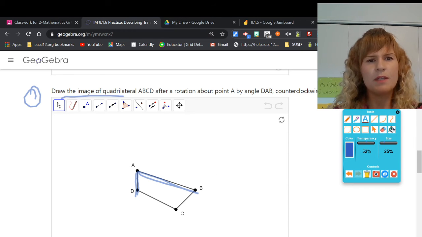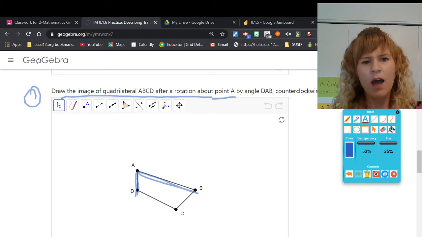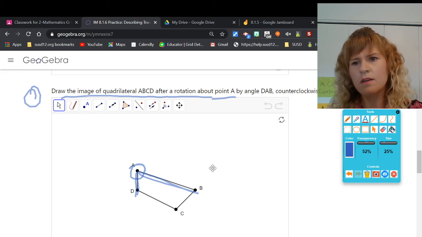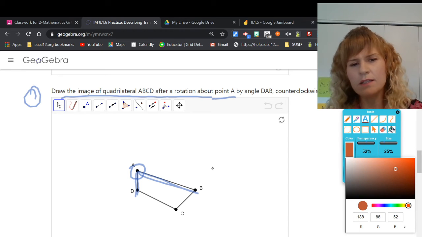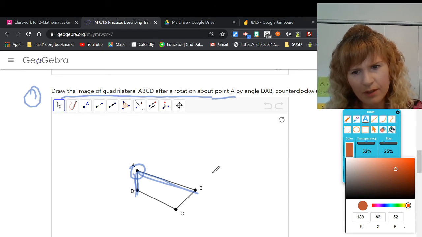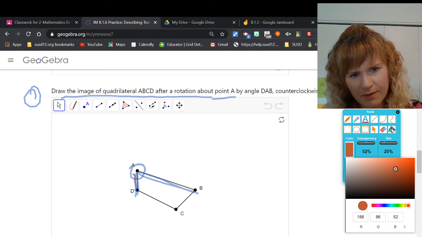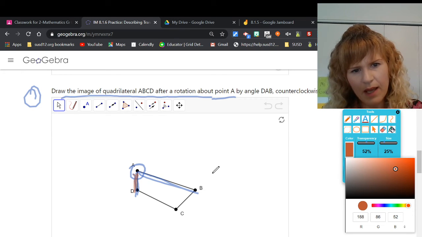Draw the image of quadrilateral ABCD after a rotation about point A, so I'm going to circle A, by angle DAB. Okay, if I go by angle DAB, then I can imagine, and I'm sure of it, that line segment AD is going to end up right here.